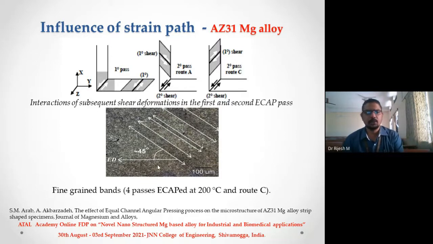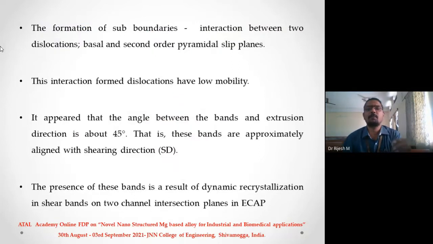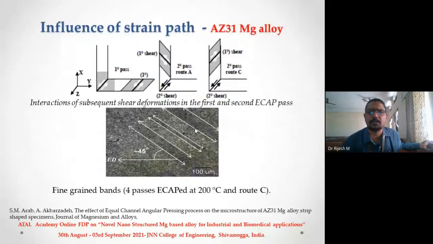In this particular case, you see the formation of sub-boundaries, interaction between two dislocation types, basal and second order pyramidal slip systems. The fine grains that you see are on the boundaries of the previous grains that you had. They are called sub-grains and sub-boundaries.